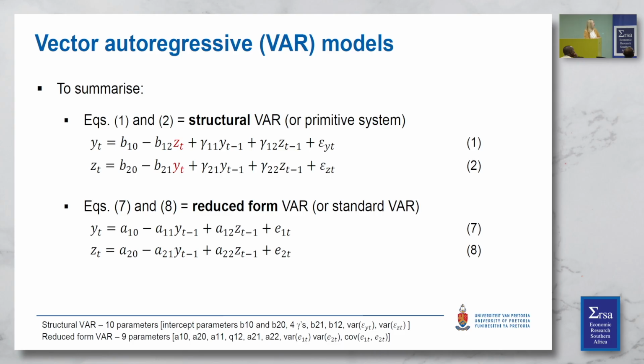So to summarize, we move from here to here, and this is now what we're going to do. Just a side note, in this case, we have to estimate 10 parameters. So the 1, 2, 3, 4, 8 parameters up here, plus 2 variances, and they are independent, so no covariance necessary. Down here, we estimate 9 parameters, so the 6 parameters, 2 variances, and 1 covariance, because now they are no longer independent.